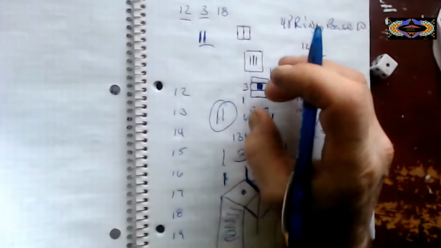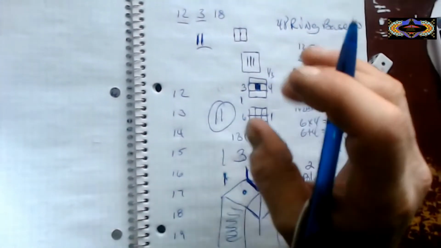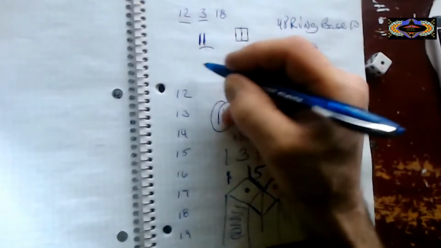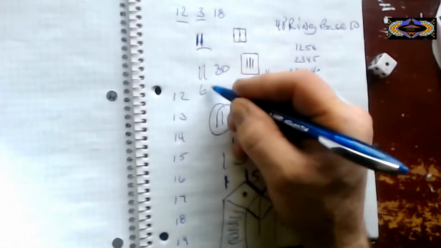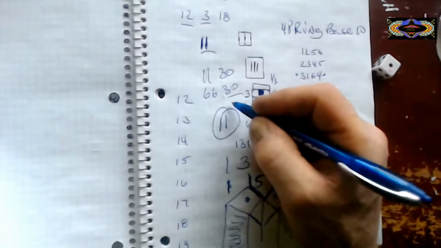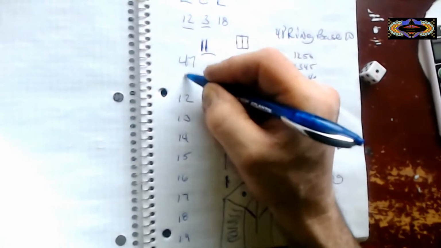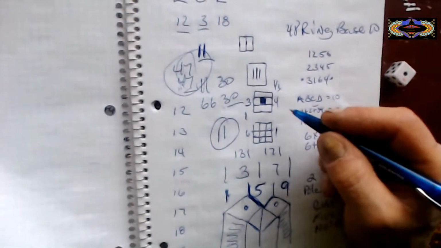In roulette, in baccarat, in craps, 1 and 1 equals 30 to 1. 6 and 6, okay, equals 30 to 1. I just said time, energy, and Jesus are all that number.